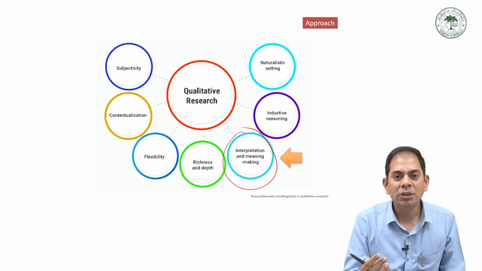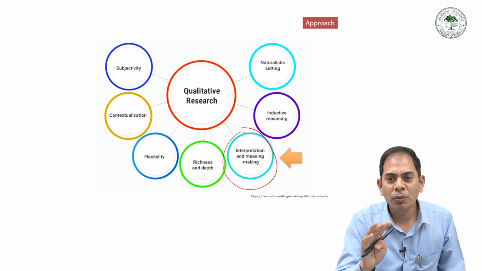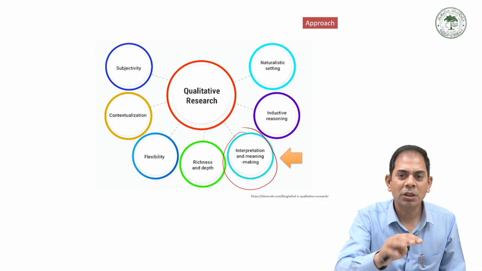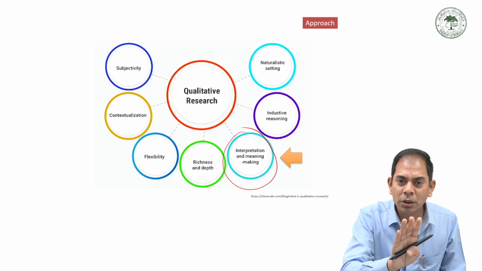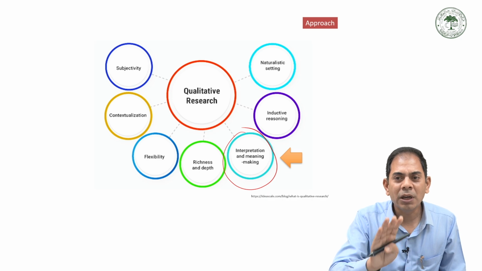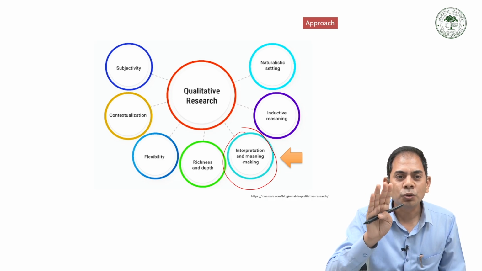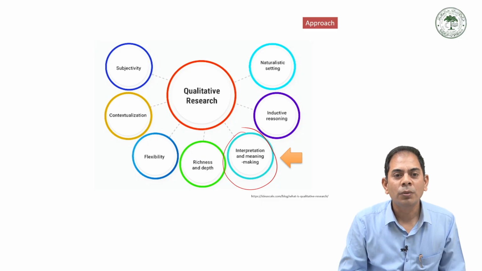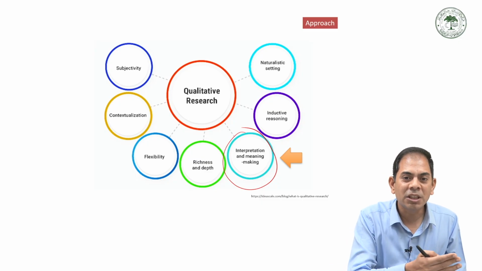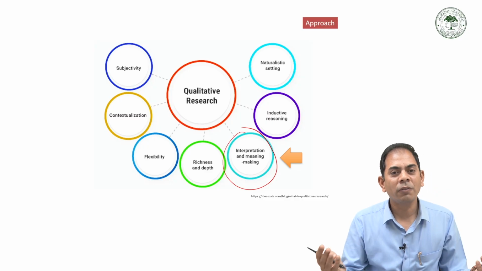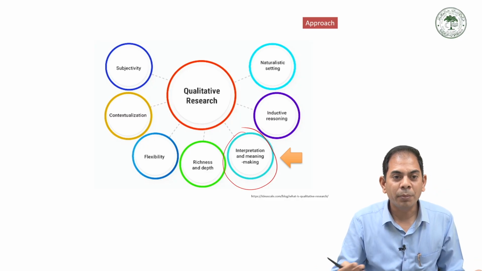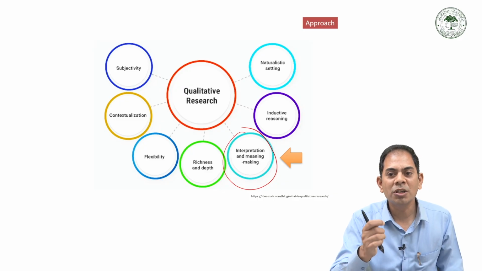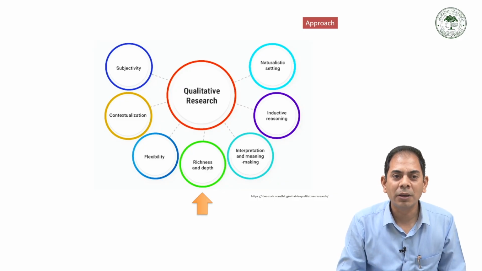In qualitative research, the researcher does not only collect the information, but also tries to understand what that information means from the participant's point of view. For example, if an athlete says training made me more confident, the researcher interprets this statement to understand how sports training influences self-confidence and personal development.